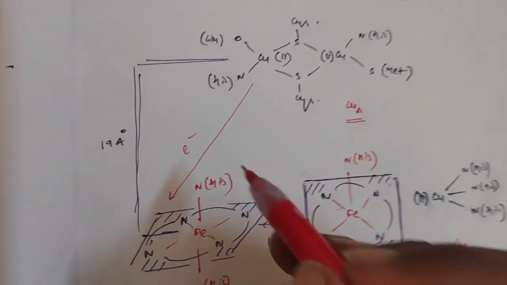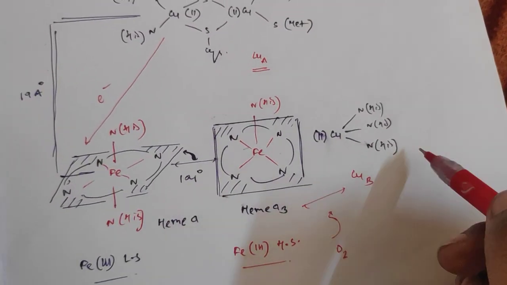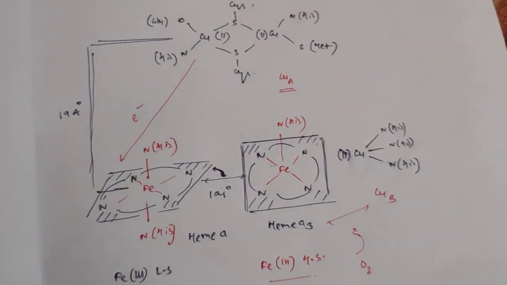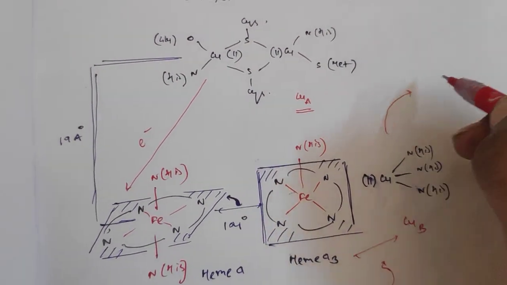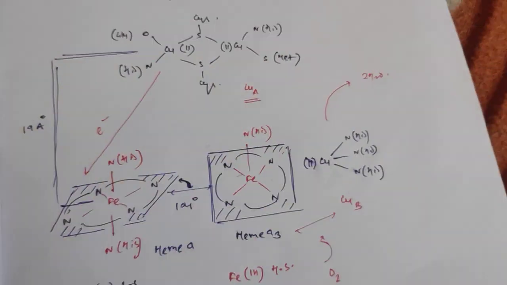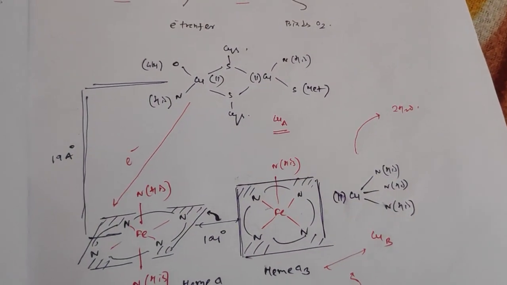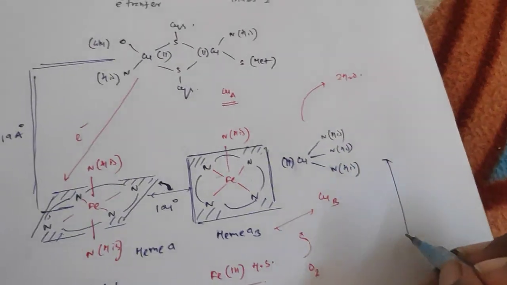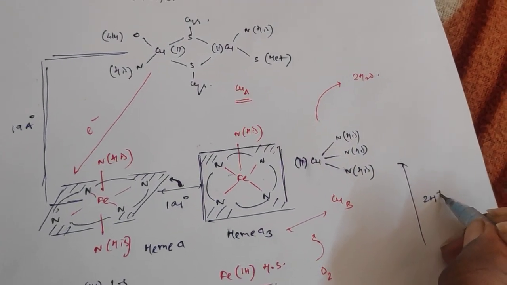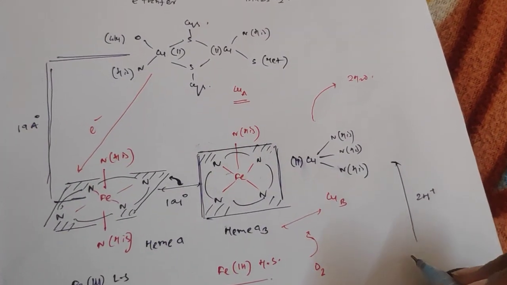So electron transfer occurs from copper A to heme A, then it gets transferred to the heme A3 copper B, where the O2 also binds, giving rise to 2H2O. Okay, and in the meantime what happens, 2H plus just go out of the membrane.